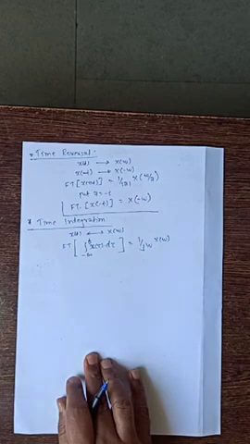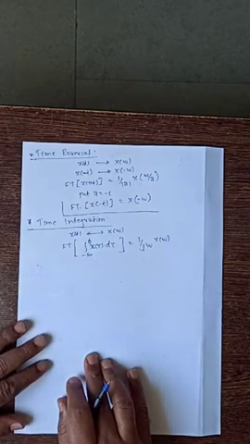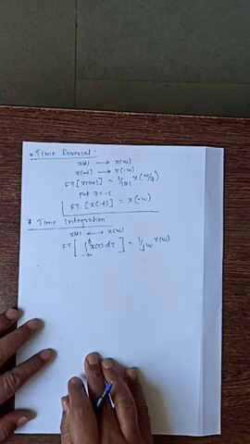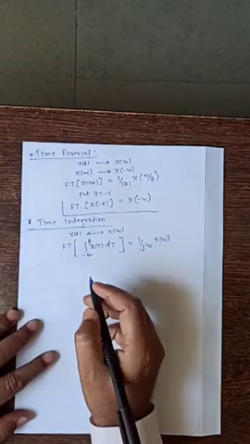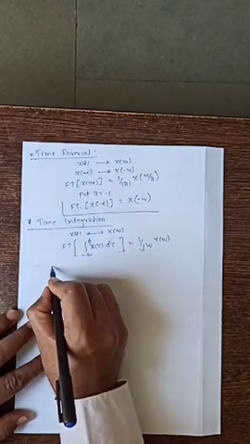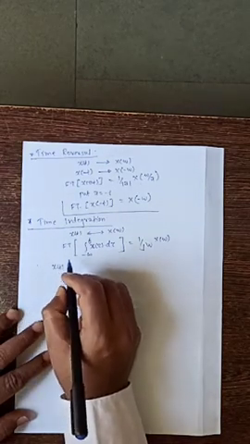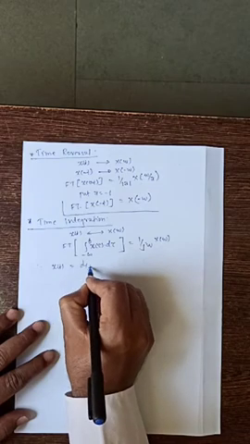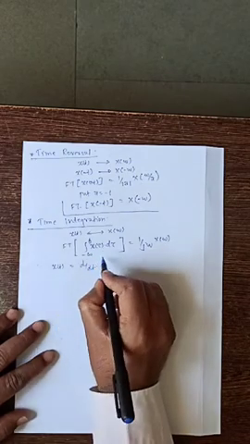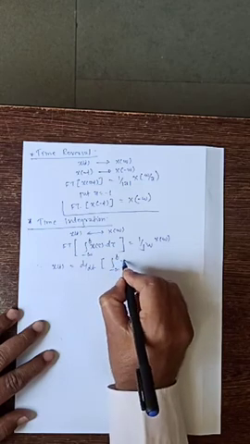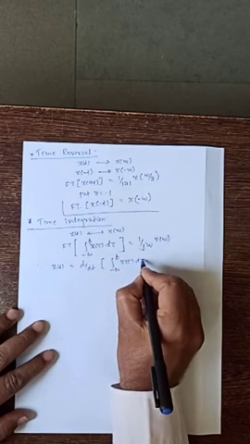Here we are again taking the help of the differentiation property that we have already seen. So let x(t), that is the new signal, be equal to d by dt of the integral from minus infinity to t of x(tau) d tau.